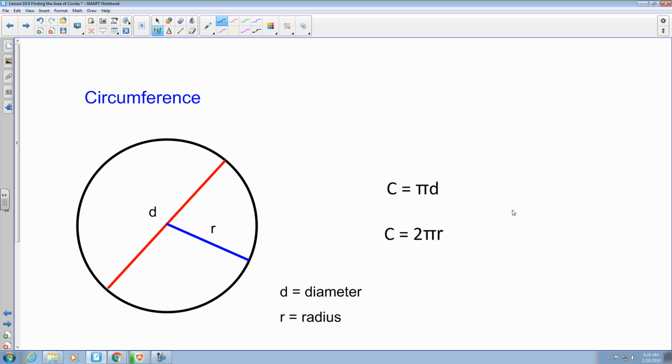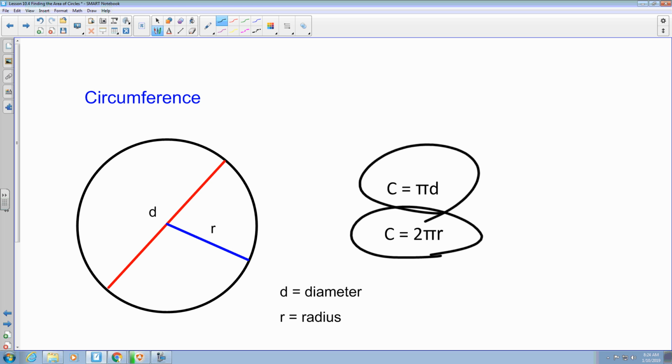So we have essentially two circumference formulas. It's usually depicted on what information is given to you. If you are given the diameter, you're going to use this formula. Circumference is going to equal pi multiplied by the diameter. If you are given the radius, you are then going to use this formula.